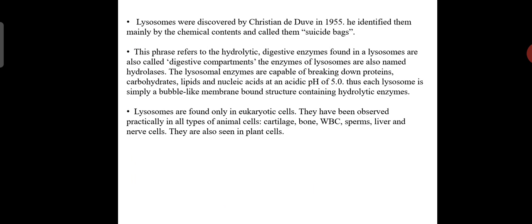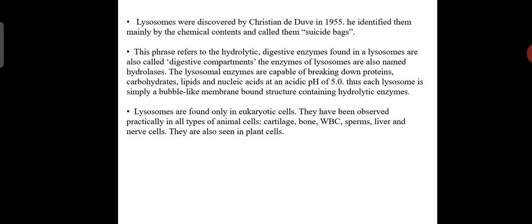This phrase refers to the hydrolytic digestive enzymes found in lysosomes, which are also called digestive compartments. The enzymes of lysosomes are also named hydrolases. The lysosomal enzymes are capable of breaking down proteins, carbohydrates, lipids, and nucleic acids at an acidic pH of 5.